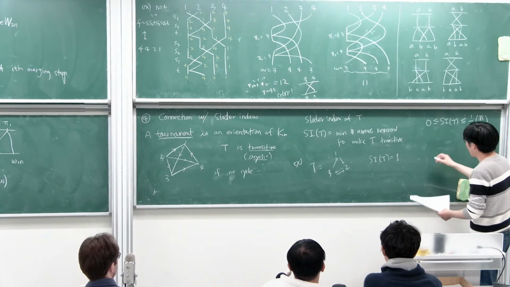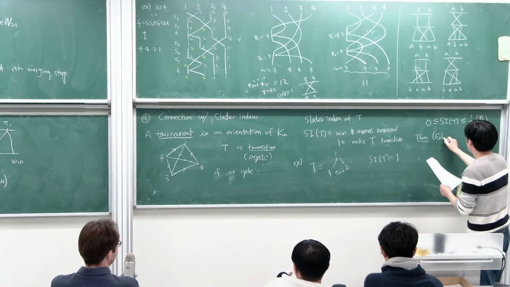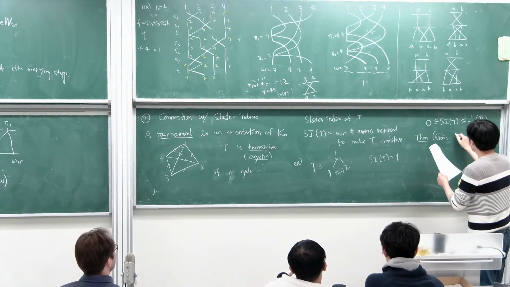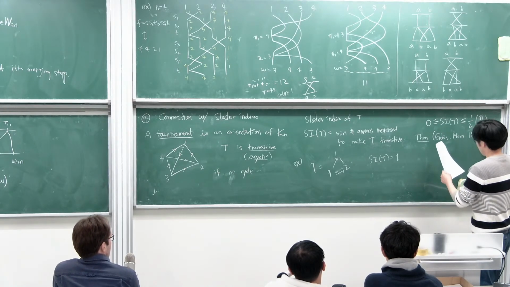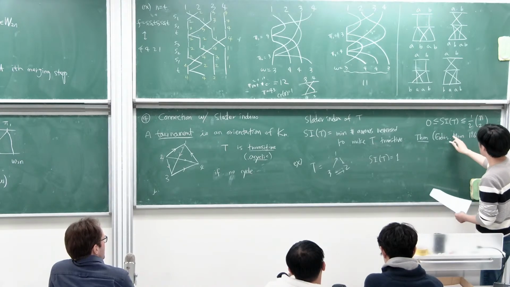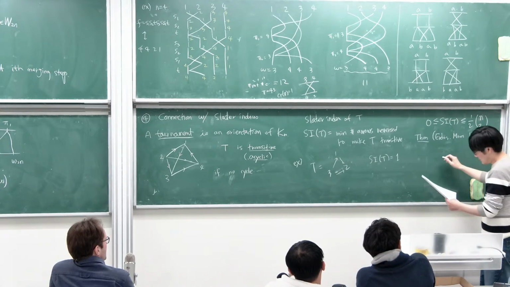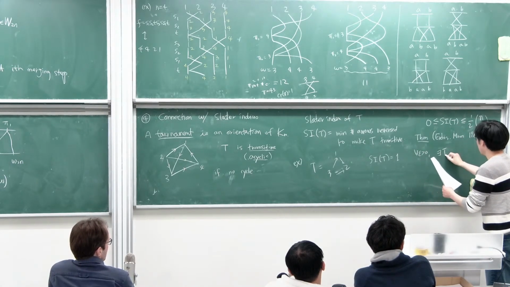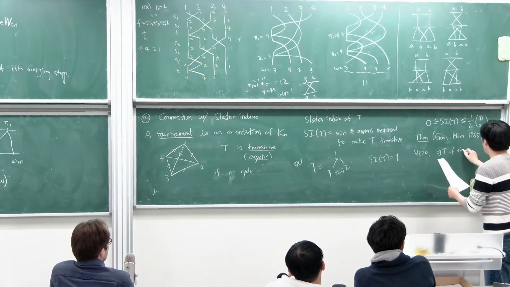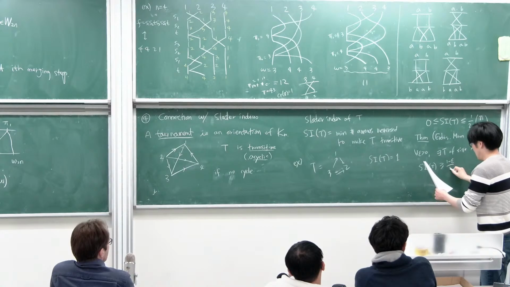And this is fairly well studied, dating back to Erdős and Moon, like 60 years ago. They show that this can increase almost up to this. So for any epsilon, there exists a tournament T of size n, for large n, such that the Slater index is almost that.